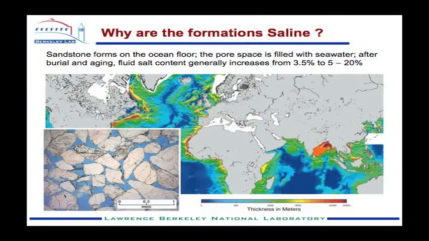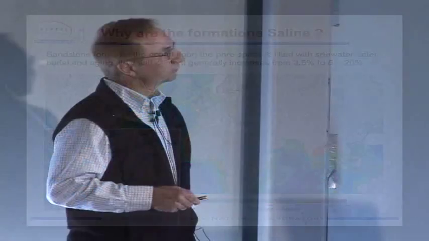Why are the formations saline? Well, sandstone starts out by accumulating as sand on the ocean floor. This is a map of where sandstone is accumulating today. It's actually a map of the thickness of sediment on the ocean floor, and the scale ranges between 0 and 20 kilometers. Out in the middle of the ocean, like here, there's not much sand being transported.